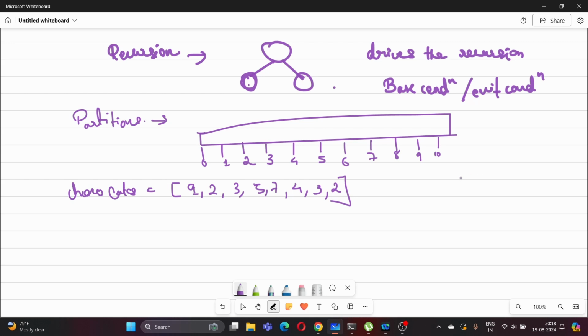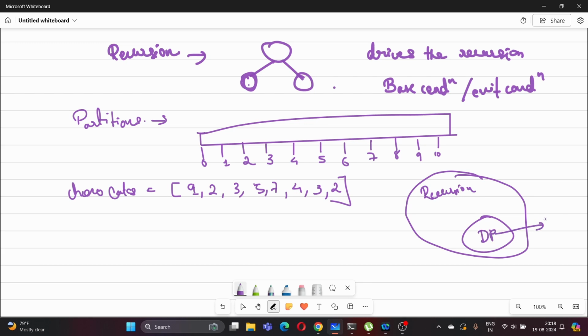If we remember, we had done something like this, right? Recursion, and inside recursion here comes dynamic programming for things which have common appearances. Similarly, inside recursion itself, we can find partition related problems.